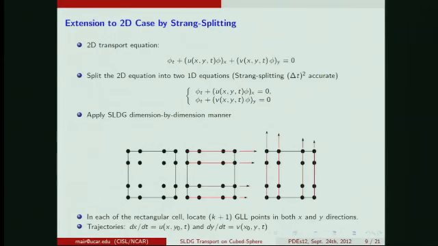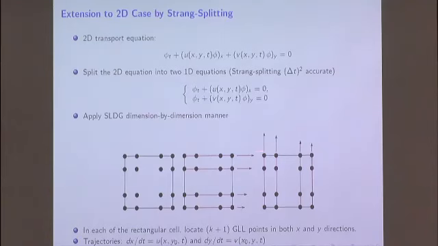Okay. Next, how do I go from 1D to 2D? The 2D transport equation is given like this. I apply a Strang splitting, that is, a dimension splitting here. This is relatively easy to implement, but the downside is that it is only second-order accurate in time, and you have a sequence of two equations, this one along x and this one along y.